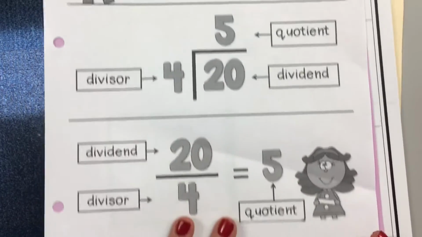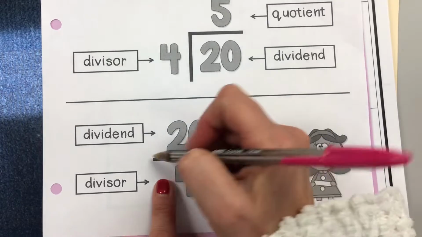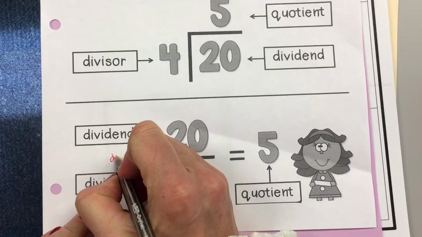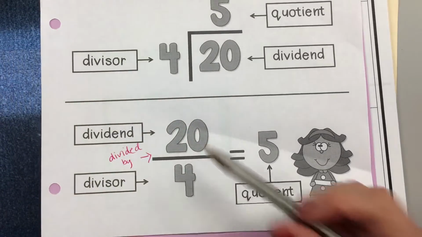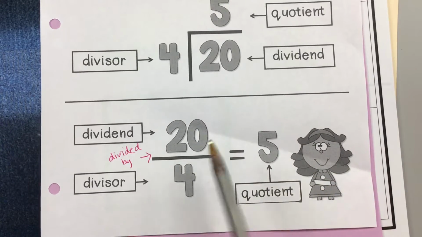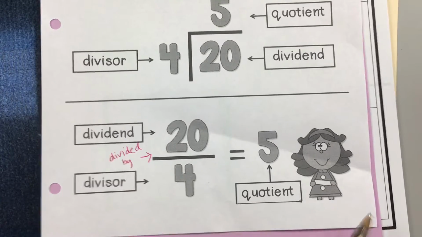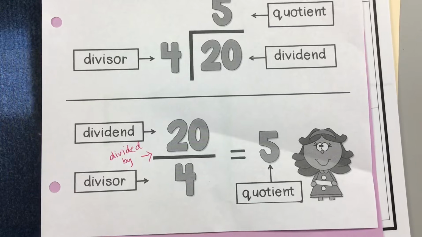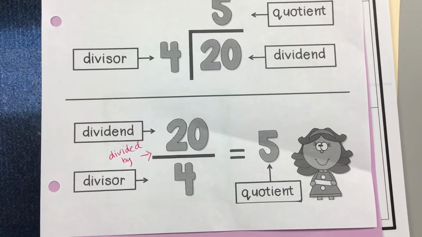And then this is another way to write a division as a fraction. We have talked about this bar here, and the fraction can mean divided by, or out of: 20 divided by 4. This is a helpful way to write it because occasionally when you're trying to write an equation in a Google Doc, there's not a division symbol on your keyboard.